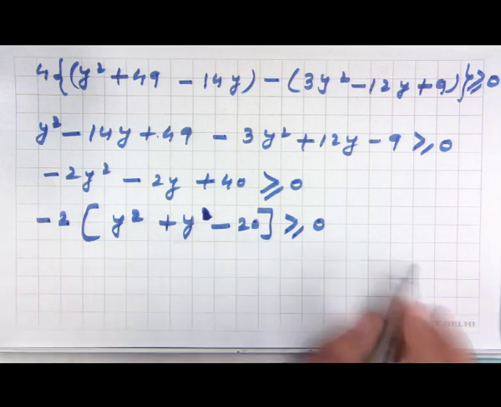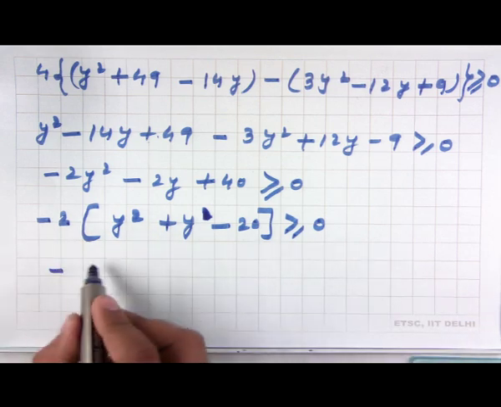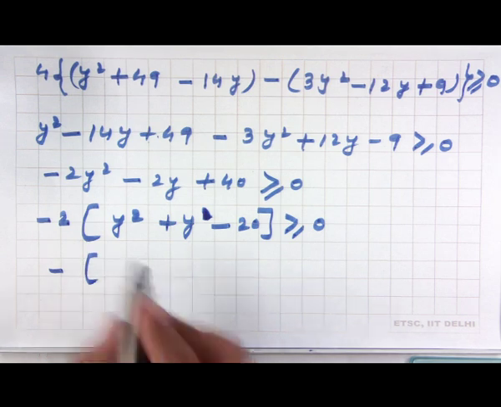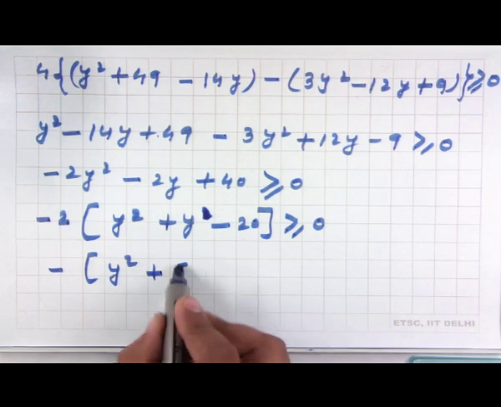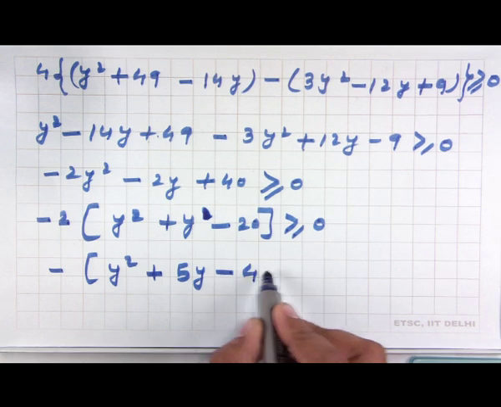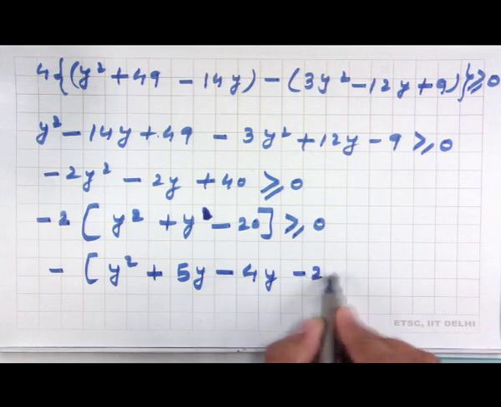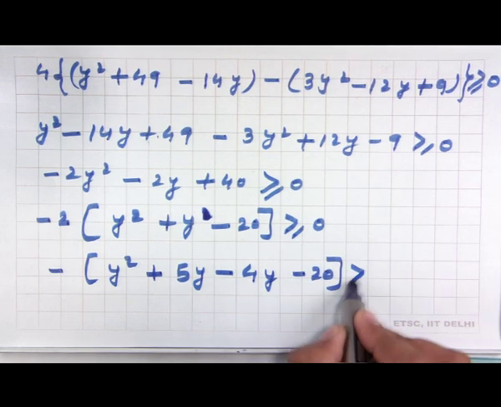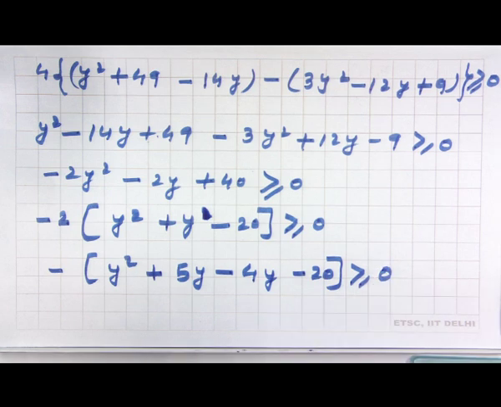If we divide by 2, then it will be minus y square plus 5y, splitting of middle term. We are factorizing this one, y square plus 5y minus 4y minus 20 greater than or equal to 0.